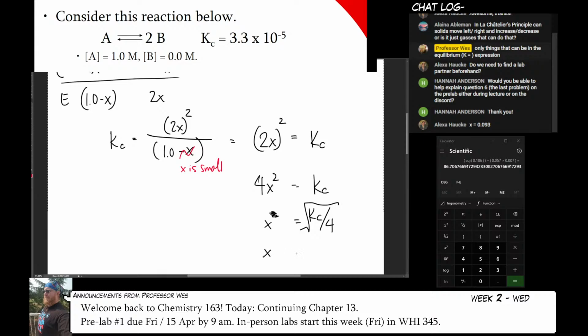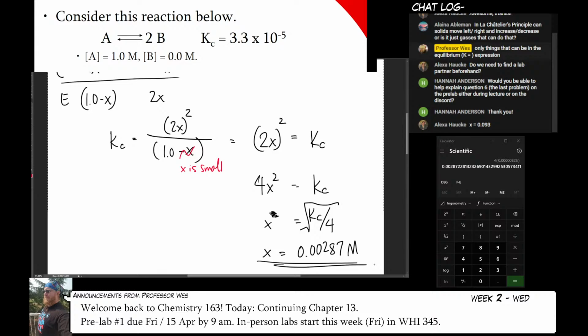And I didn't even need to go to Wolfram Alpha for that. So let's type that into the calculator here. So 3.3 times 10 to the minus 5 divided by 4, and then we're going to square root it. So way easier when you don't have a quadratic to deal with, right?